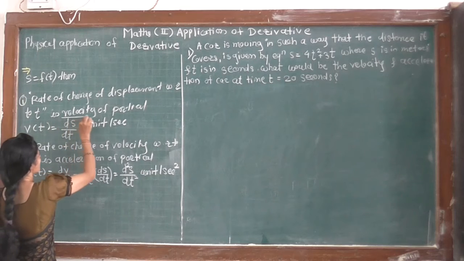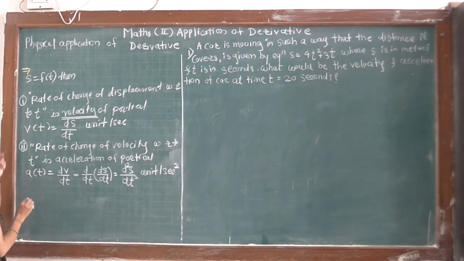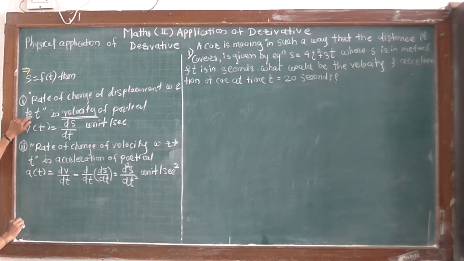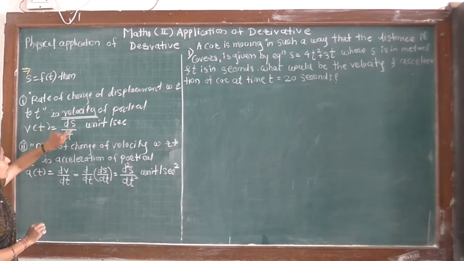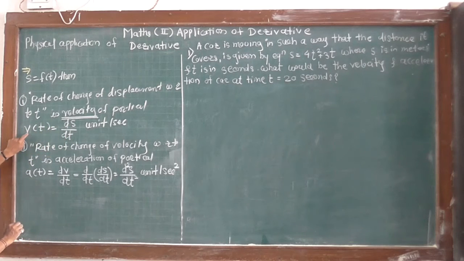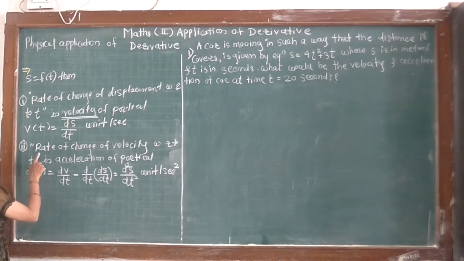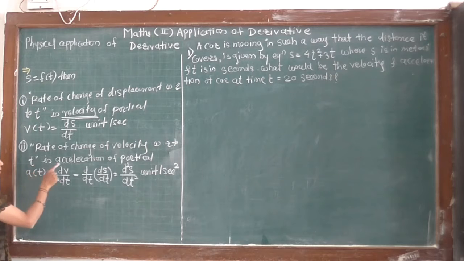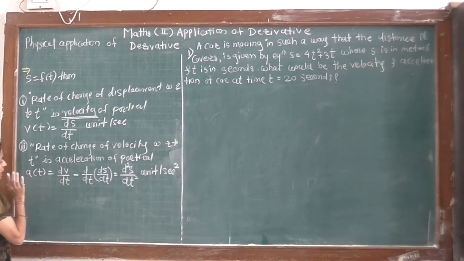So I will repeat once again. The velocity is the rate of change of displacement with respect to time t. So v is ds by dt, which is denoted by v of t. And what about the acceleration? The rate of change of velocity with respect to time t is the acceleration of a particle, denoted by a of t.